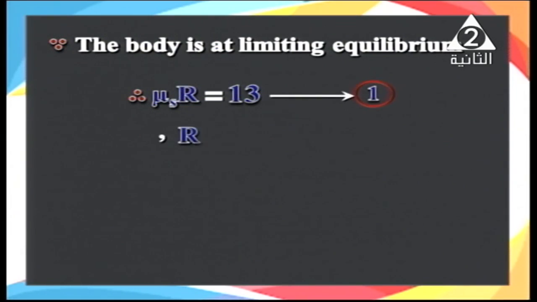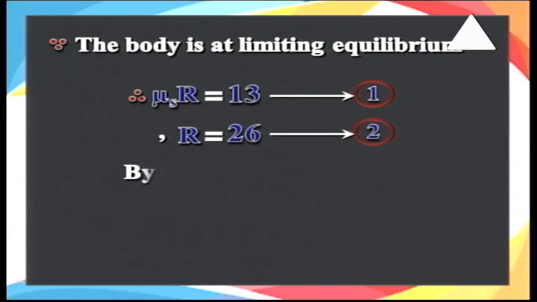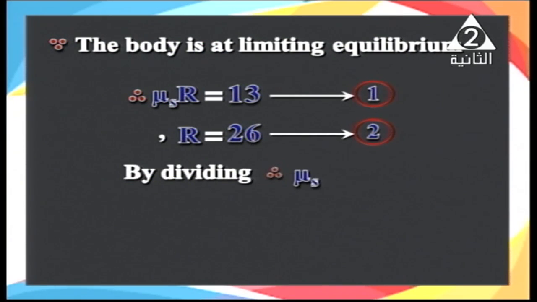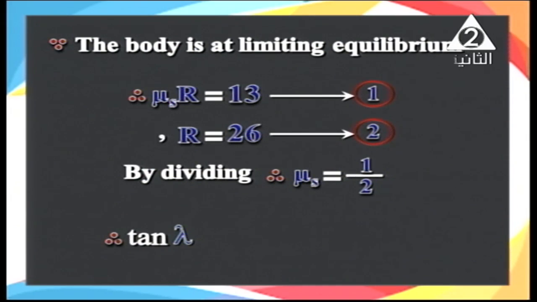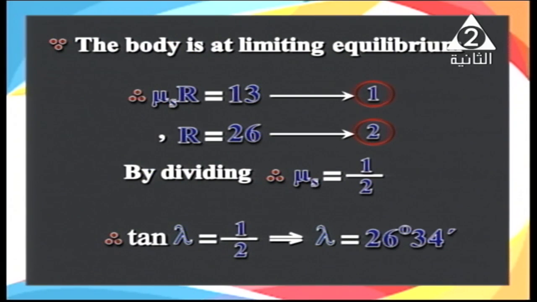R is 26. By substitution from 2 into 1, mu s equals 1 over 2. What do we mean? The coefficient of friction equals 1 over 2, then tan lambda equals half. What is the angle? Lambda equals shift tan, or tan negative 1 of half, using a calculator: 26 degrees 34 minutes.